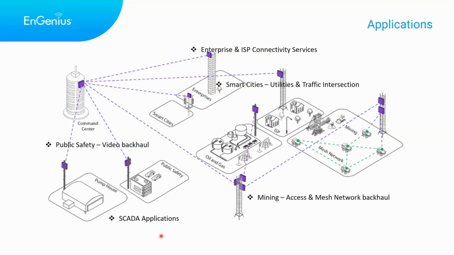This can also be used for SCADA applications, video backhaul, especially if you want to transmit your camera feed over wireless. This can also be used for mesh networks. It can be used for mining and other applications like that as well.